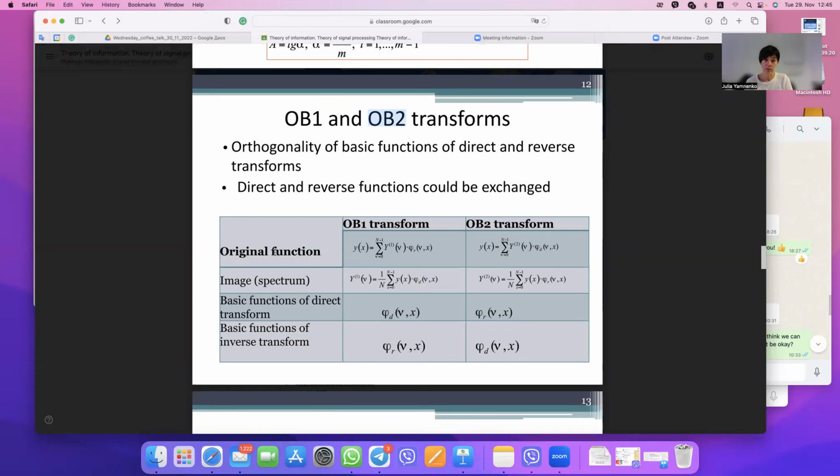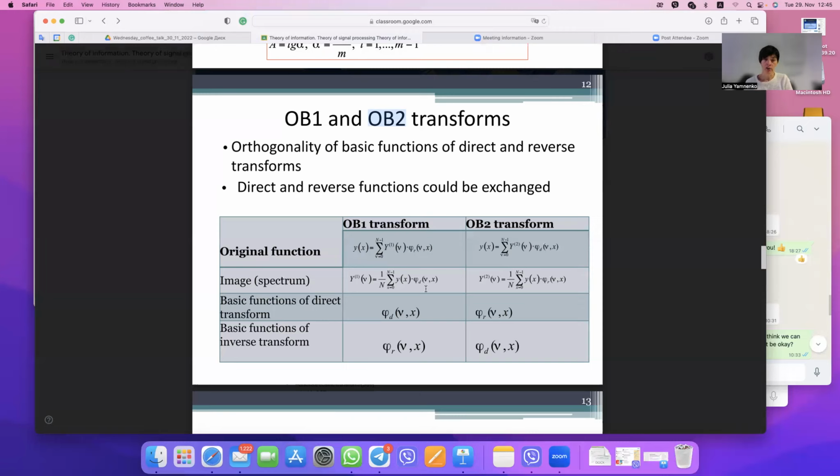We have original functions that can be calculated from the spectrum. Here in the first case, we have a spectrum Y capital with the upper index 1 in brackets, and here Y with the upper index 2. So these are two different spectra of the same original function, because the original function y of x is the same without any indexes.